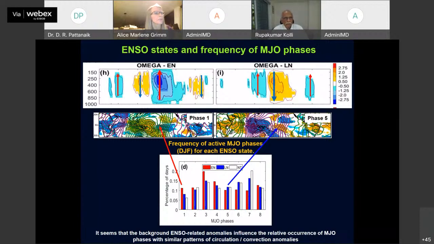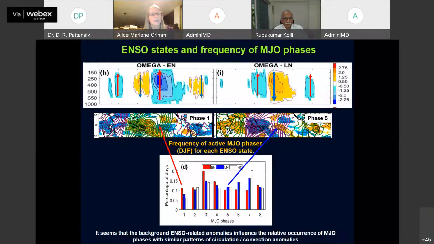For instance, MJO phase 1, here on the left, is relatively more frequent during El Niño and shares some common features with El Niño.